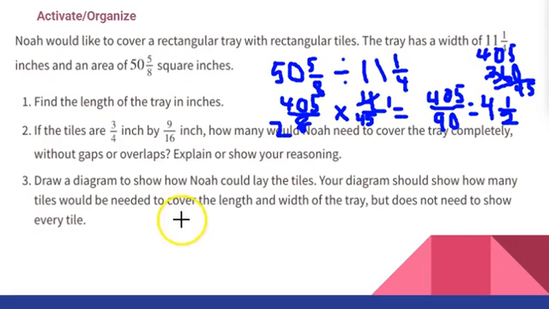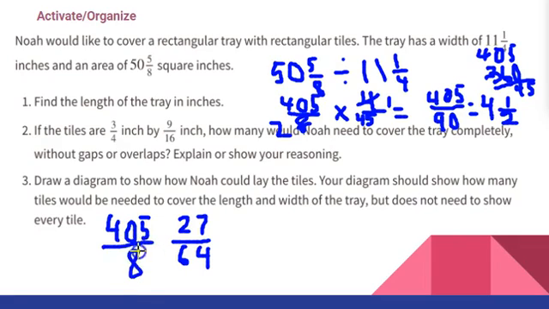So 3 times 9 is 27. 4 times 16 is 64. And we are going to take our 405 over 8 and divide it by those.